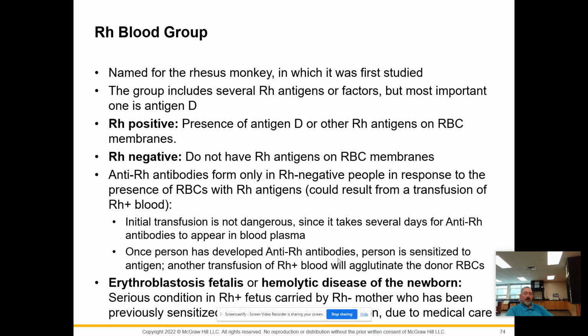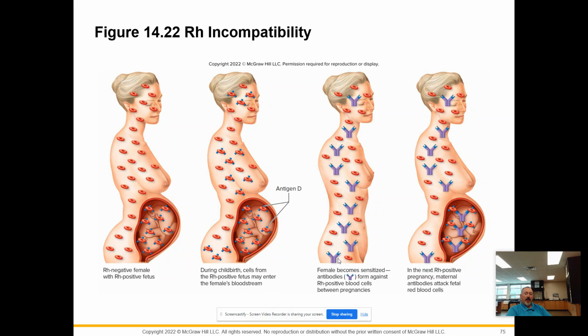If the mother is Rh positive, let's say she's O positive or A positive, B positive, AB positive, no problem, because she won't develop a response to a negative, because the negative is the absence of it. It won't even be identified as a problem or a threat. But an individual who is Rh negative will have an immune response to that. You can see the antibodies that are going to be there.